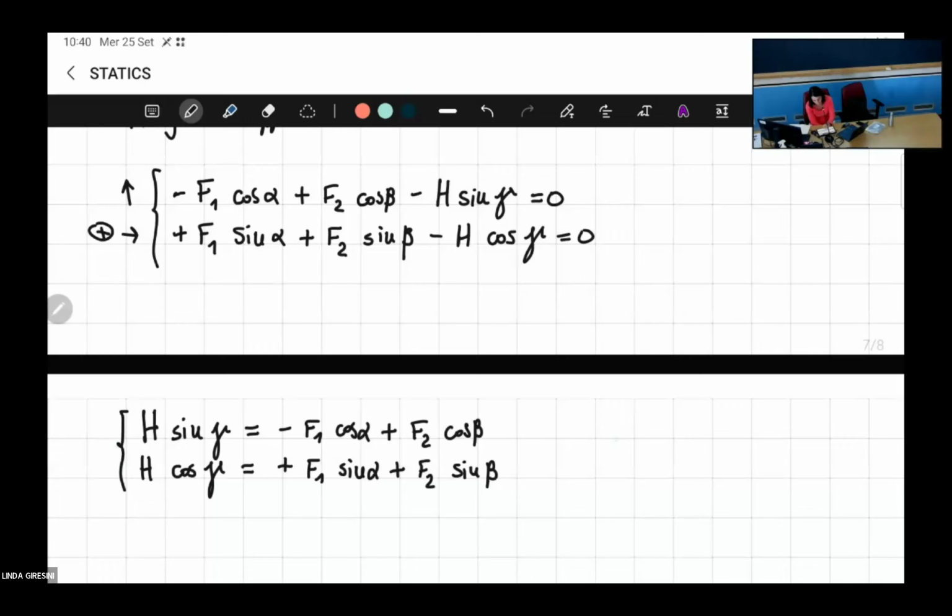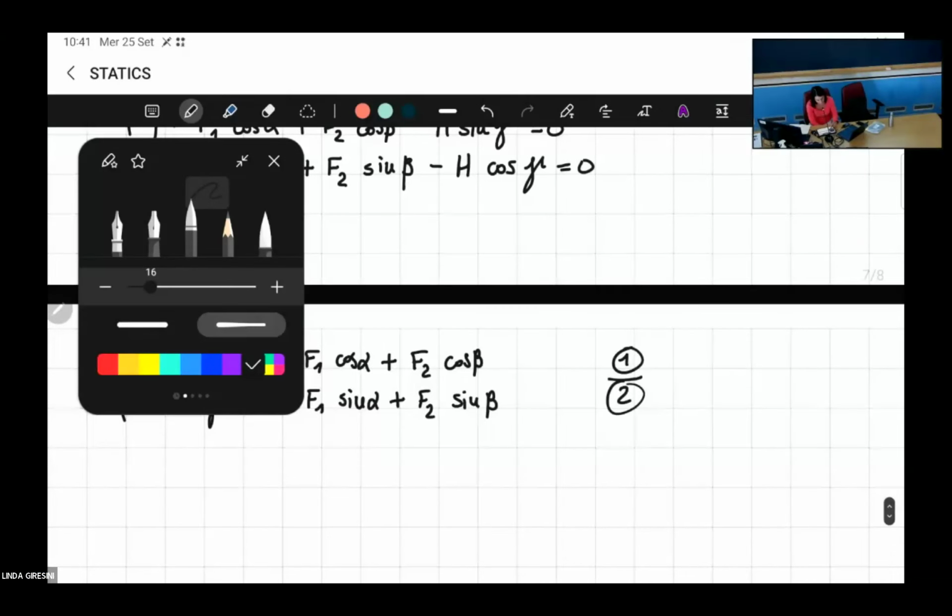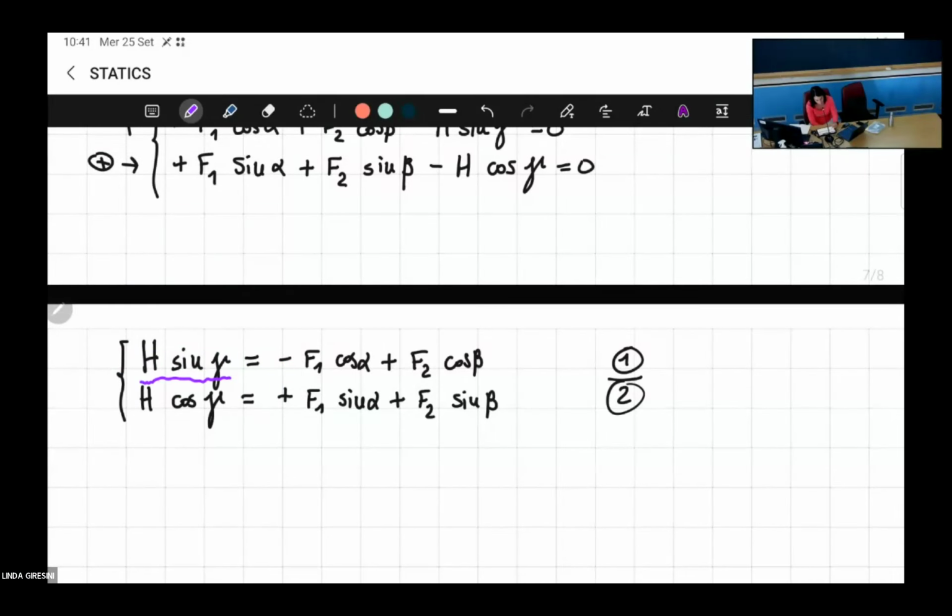Okay? Now, I put it in this way just to simplify the two equations, because what I can do is divide the first equation by the second one in order to remove H. Because if I divide the left term of the first equation by the left term of the second equation, then H disappears, right? But I must be very careful because I have to divide both terms. It's possible in a system of equations.